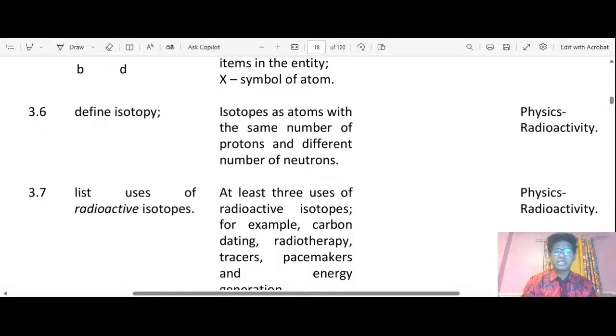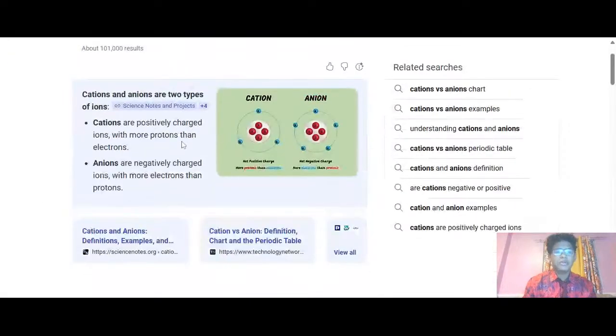Let me just make sure I have that right. Cations and anions are two types of ions. Cations are positively charged ions with more protons than electrons, and anions are negatively charged ions with more electrons than protons. So there's a big difference between the two. Chat, are you with me on that? So yes, we have that out of the way.